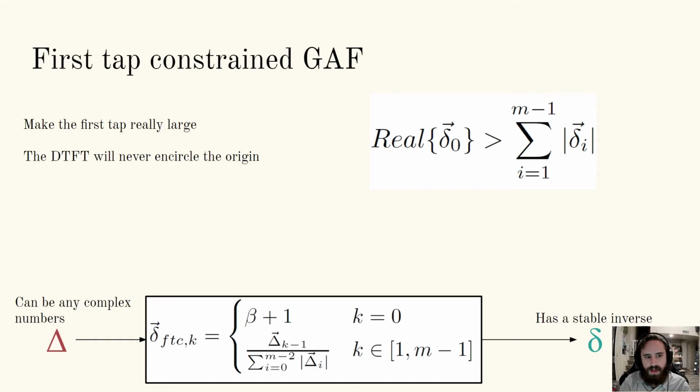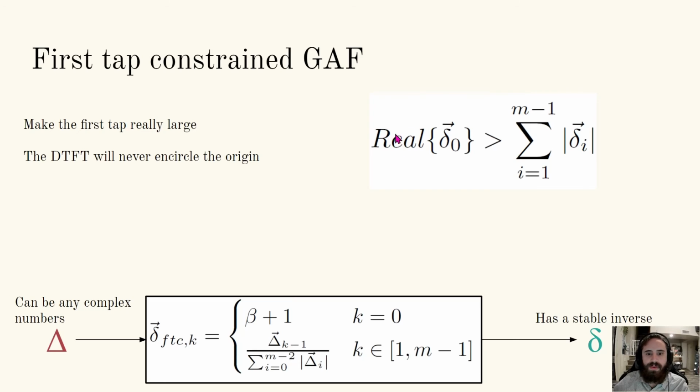One approach we have for creating a stably invertible filter is the first tap constrained GAF. So as long as the discrete time Fourier transform of the filter does not encircle the origin, then its inverse filter will be stable.